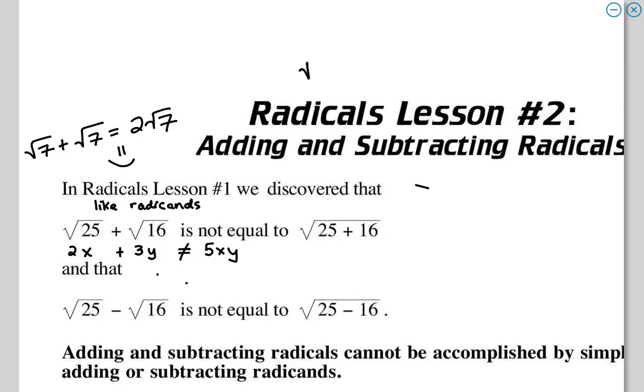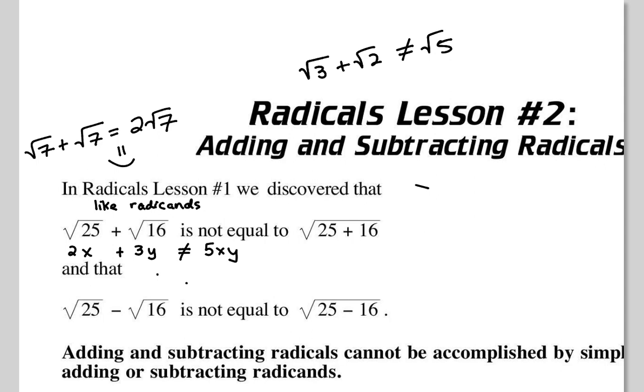However, root 3 plus root 2 is not root 5. You cannot just add the radicands like that. You just don't add the radicands. You can only add them if they're like terms.